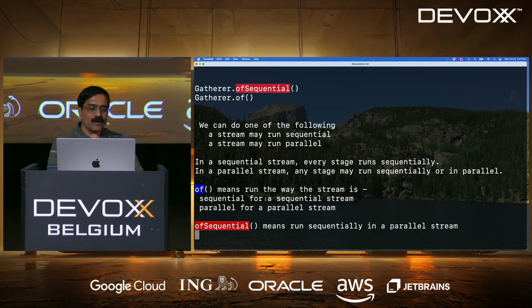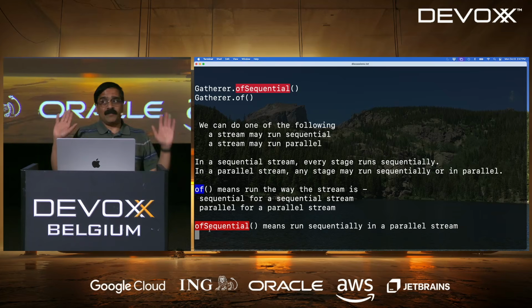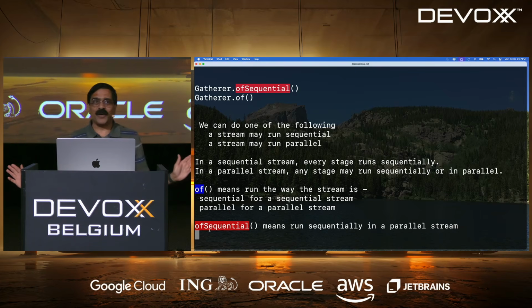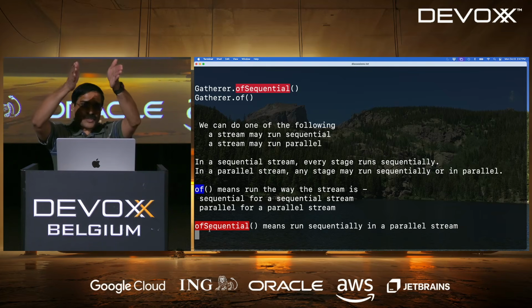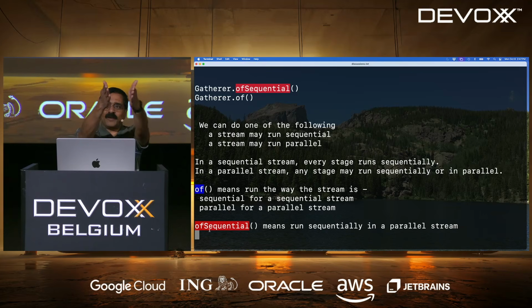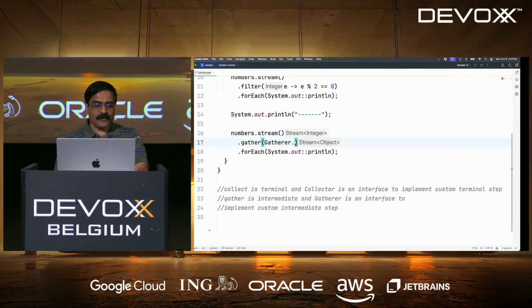So off, I'm going to be whatever the stream is. You're sequential, I'll run sequential. Parallel, I'll run parallel. Off sequential, I'm sorry, I can only run sequentially. So if you're on a parallel stream, I want you to come here, merge through this, and then you can go forward after that. So that's the two functions that are available in the Gatherer for us to use.